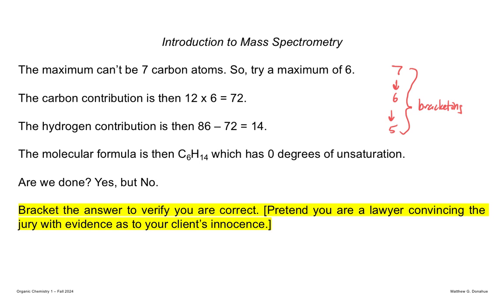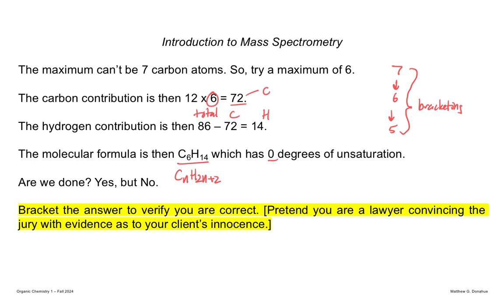So we went down to 6 carbons. That gave us a mass contribution of 72 for the carbon count. So the total minus the carbon gets us the remaining hydrogens. We know that hydrogen has an atomic mass unit of 1, so that's 14 hydrogens. That obeys the alkane general formula. There's no degrees of unsaturation, so we're looking good.